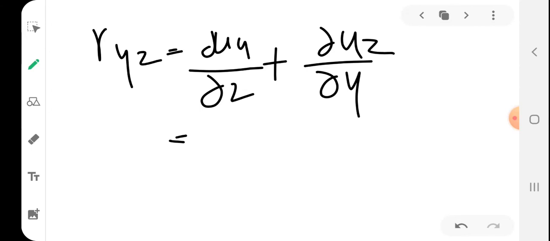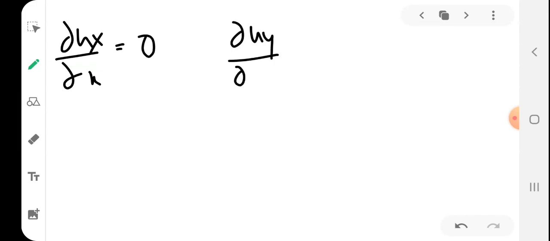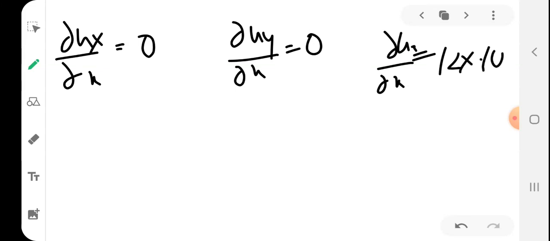So before that, I will write all the terms once more. ∂ux/∂x equal to 0. ∂uy/∂x equal to 0. ∂uz/∂x equal to 12x into 10 raised to minus 2.